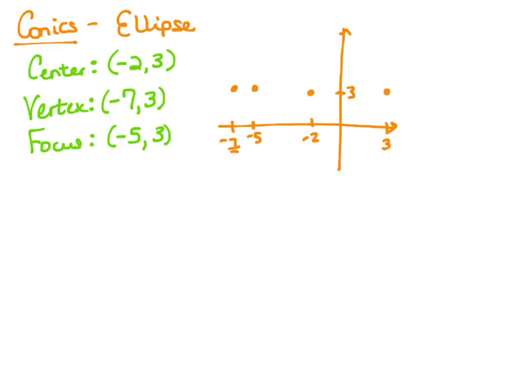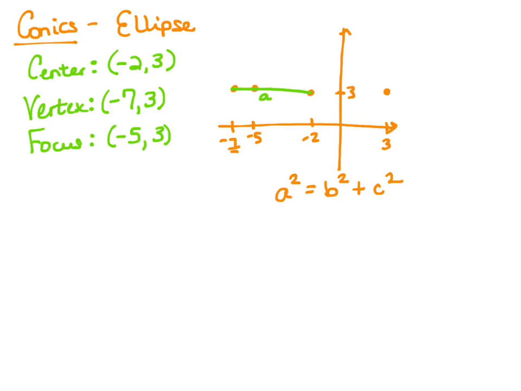And in order to complete the graph of the ellipse, we need to know how long the minor axis is. And so to figure this out, in an ellipse, we have this relationship, a squared is equal to b squared plus c squared. The a squared, that's going to be the distance from the center to a vertex on the major axis.